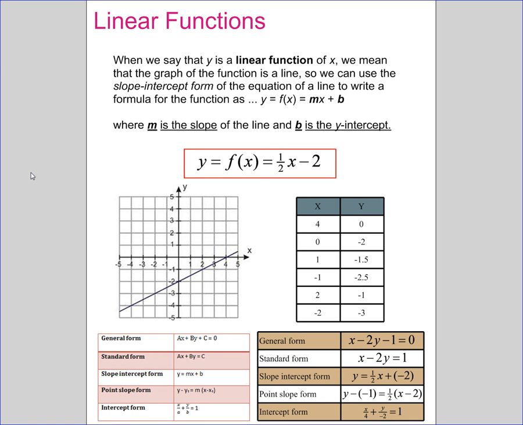Standard form, we always put the constant, that is, the number that's not associated with either variable, the coefficients. We put the constant by itself over on the right. The point-slope form is used when we know one point and the slope, and it's one of my favorites. So I bring your attention to it.